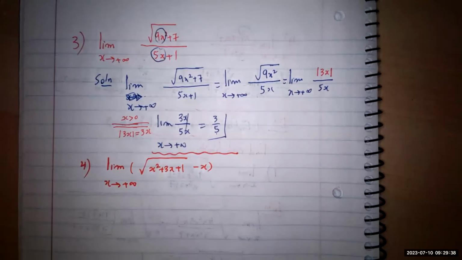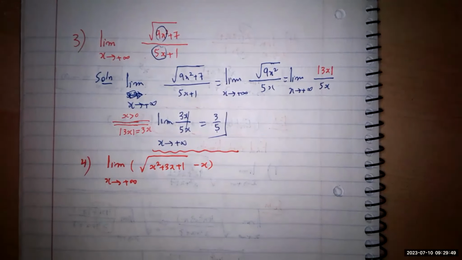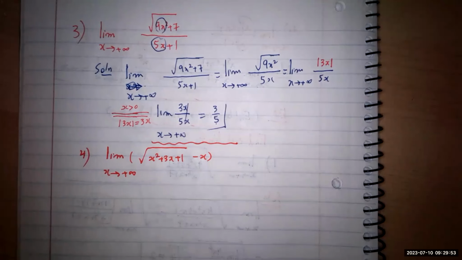This is the type of function that sometimes we use in application, and if you want to graph it, or if you want to find the so-called vertical asymptote, then it would be useful to operate.